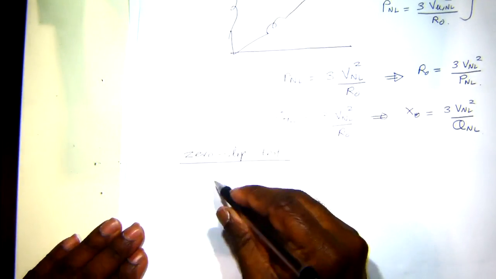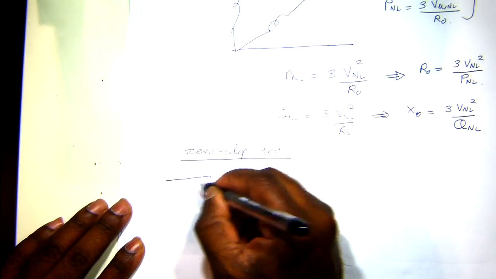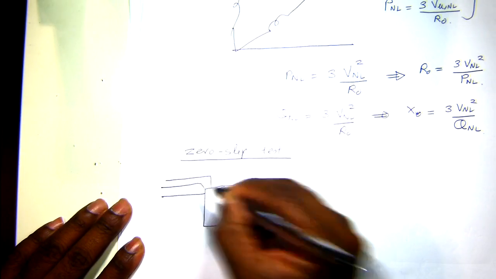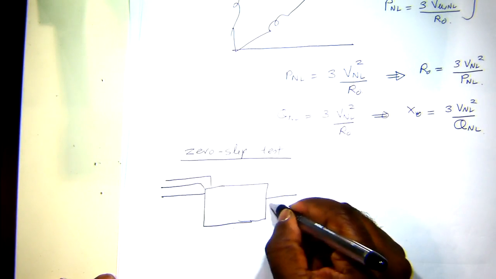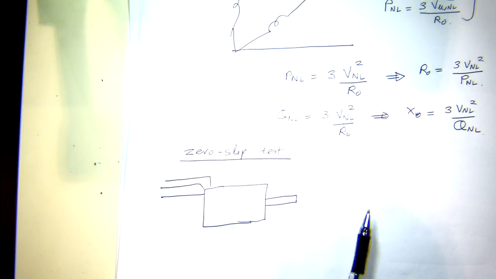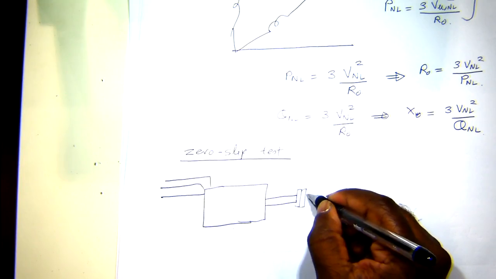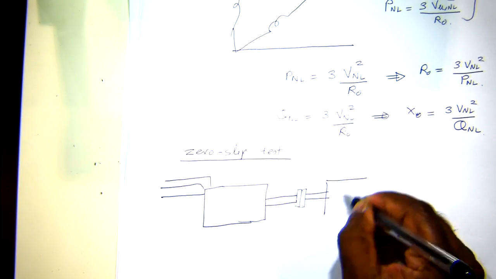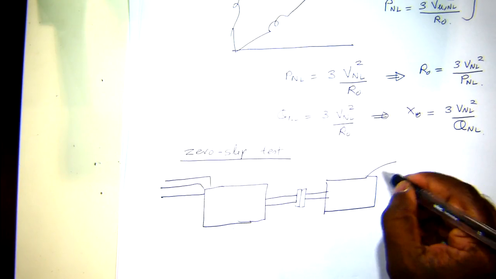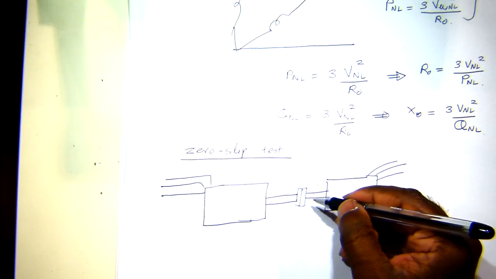So then you have the induction machine connected to the voltage source, and you have the shaft. Previously we didn't connect anything under no load. This is just open and it spins close to synchronous speed. But in the zero slip test, let's say we couple it to another machine, maybe a variable speed machine, and then we drive this exactly at synchronous speed.